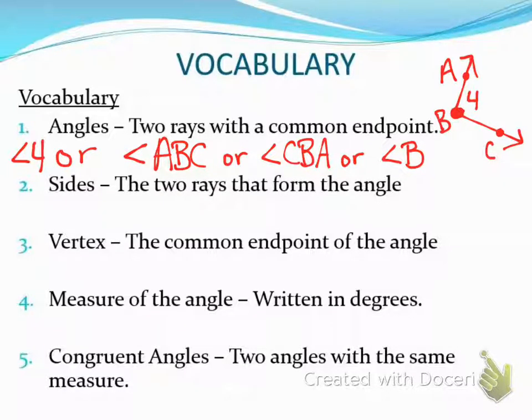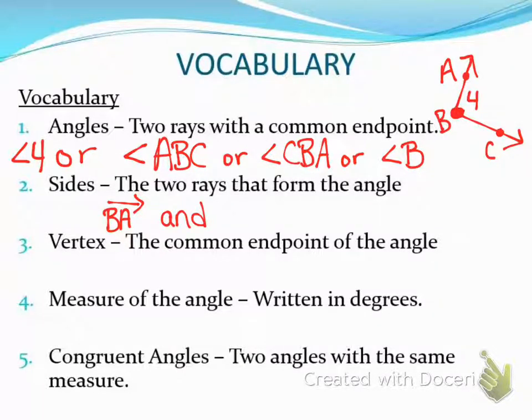The sides, again, I'm going to refer back to this same diagram. The sides are the 2 rays that form the angle. So we would name sides just like we would name rays. One of those rays is ray BA. So just like we did a couple lessons ago, we use the little ray over the top and the 2 points underneath, starting with the endpoint going to the other point.